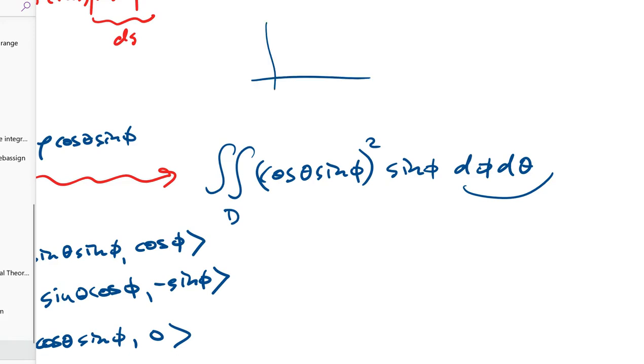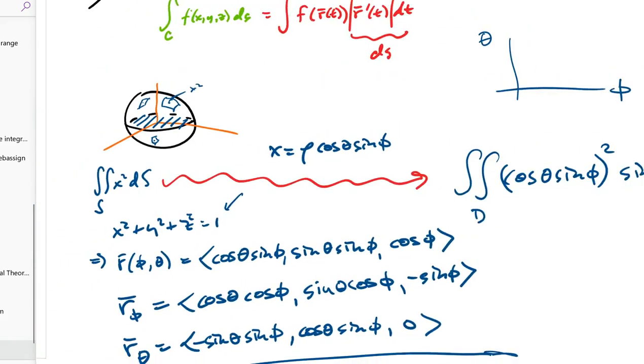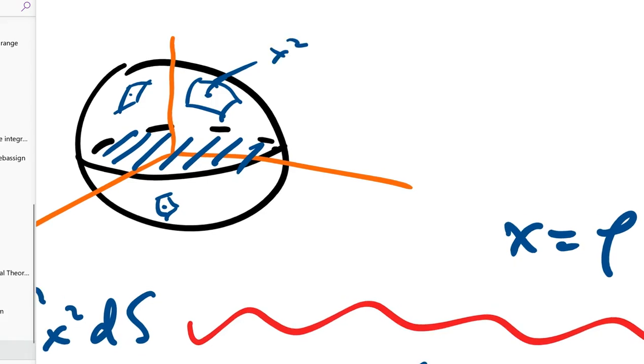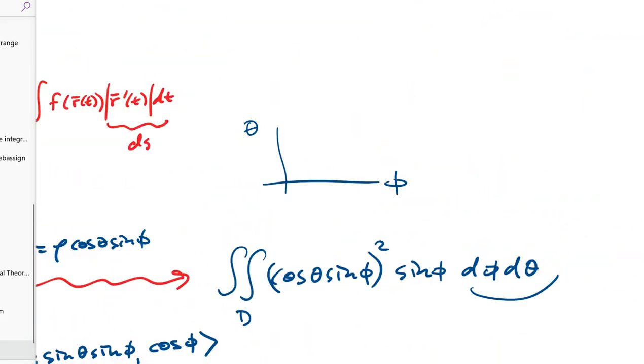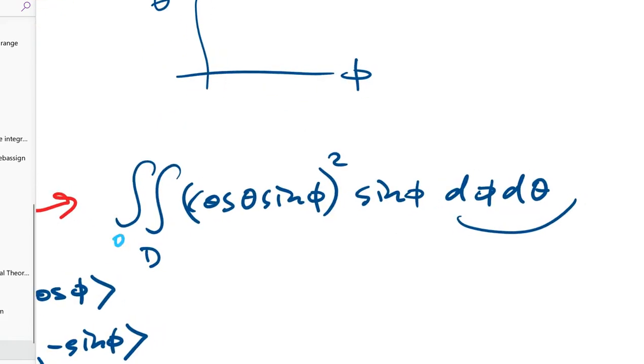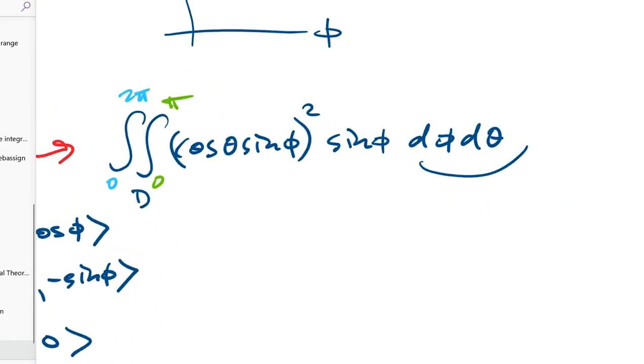So for the sphere, phi goes from 0 to pi, and then theta goes from 0 to 2 pi, right? So we have theta going from 0 to 2 pi, and then phi goes from 0 to pi. And now this is just a trig problem from here on out.